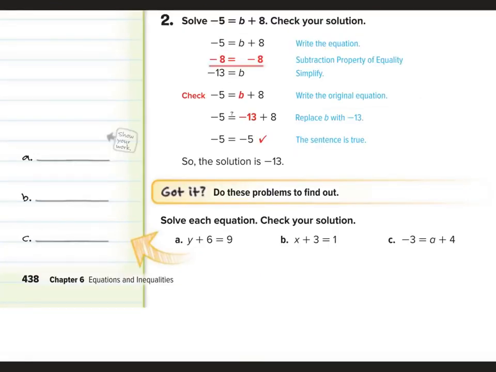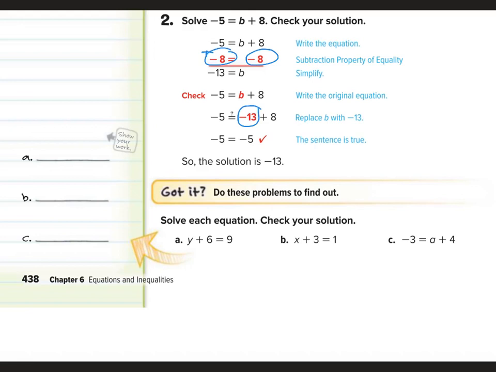For example 2, we're solving -5 equals b plus 8. So we're solving for b. If you subtract 8 from both sides, you're left with -5 plus -8, which is -13, equals b. So b equals -13.